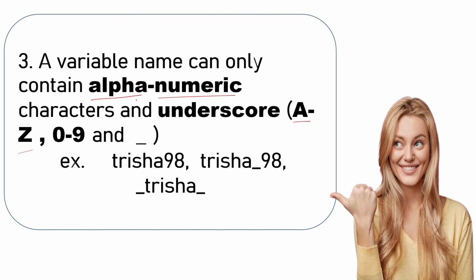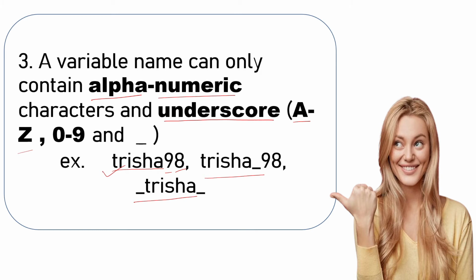So here Trisha98 is a variable name that contains alphabetical characters like Trisha and numeric digits 9 and 8. So this is a correct variable name. Now Trisha_98 is also correct because a variable name can contain underscore characters. And here _Trisha_ is also a correct variable name.